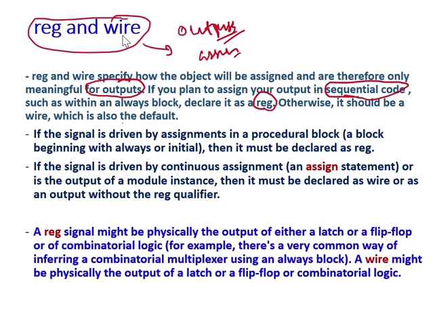Otherwise it should be wire, which is also the default one. Default one means, for example, if you have module, then some module name, then input A and output B. So here the signals are A and B, and if we do not mention anything, whether it is a wire or a reg type, by default A and B are wires. Verilog considers it by default as a wire type. Okay, so this is the default one.